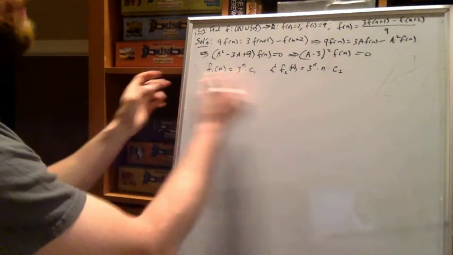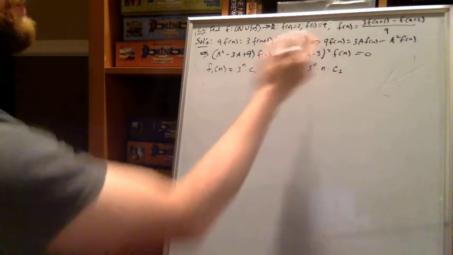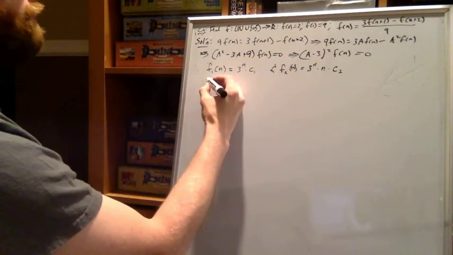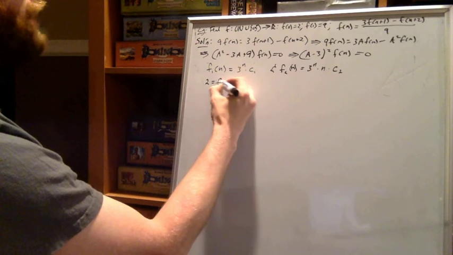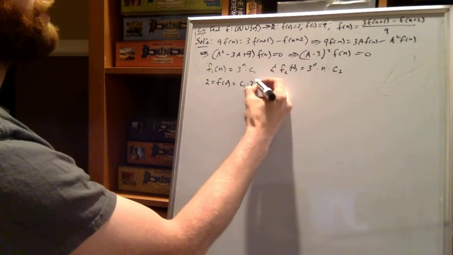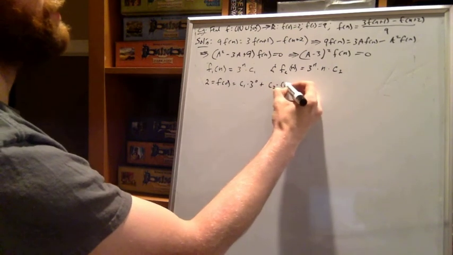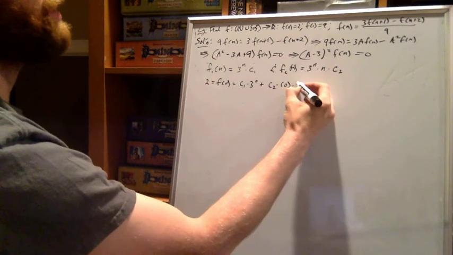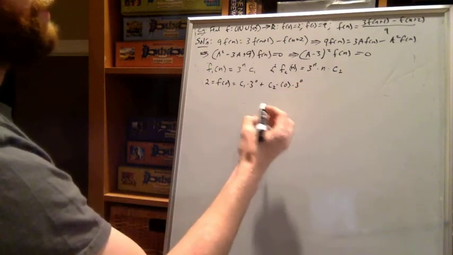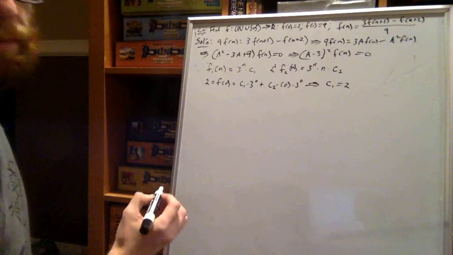So again, I want f to be the sum of f1 and f2, and let's plug in my initial data. So 2 equals f of 0, which is going to be c1 times 3 to the 0 plus c2 times 0, don't forget this n here, times 3 to the 0. So this just tells me that c1 equals 2.